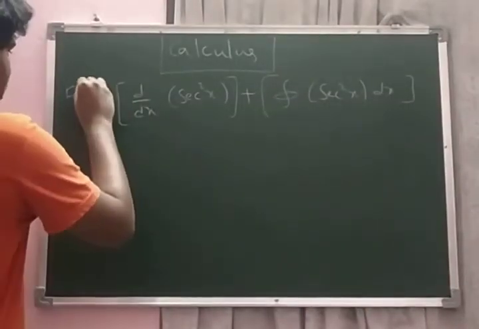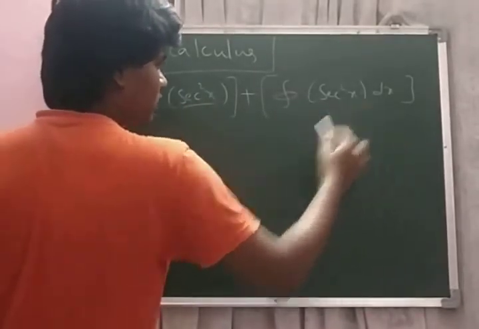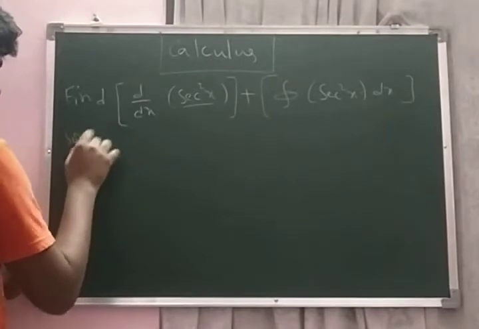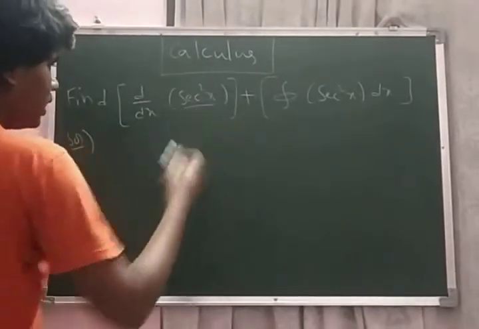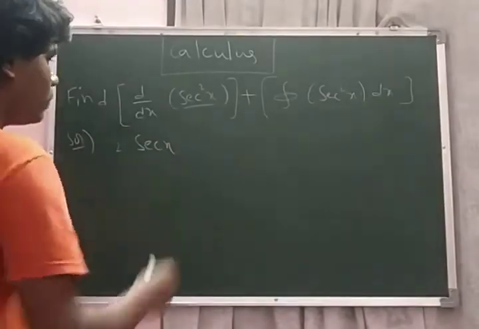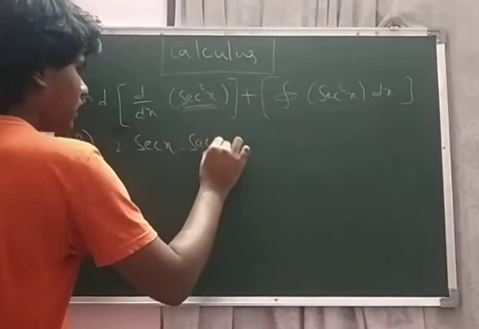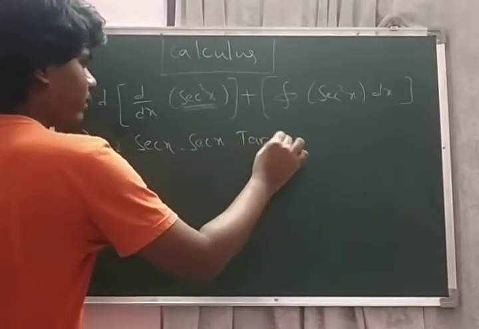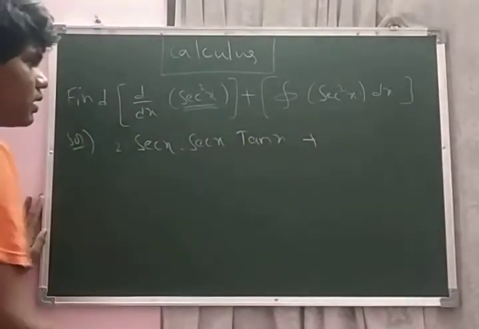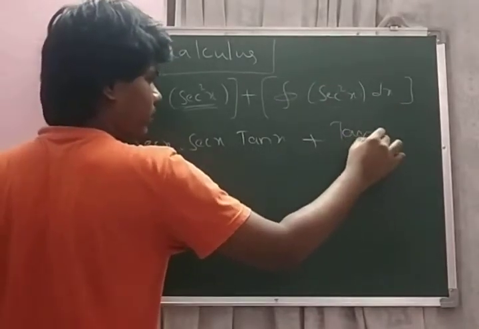So find d by dx of secant square x plus the integral of secant square x. So here, d by dx of secant square x is 2 secant x into, for secant x differentiation, secant x into tan x, plus the integral of secant square x dx is tan x.